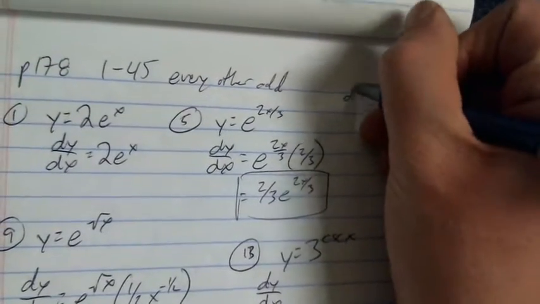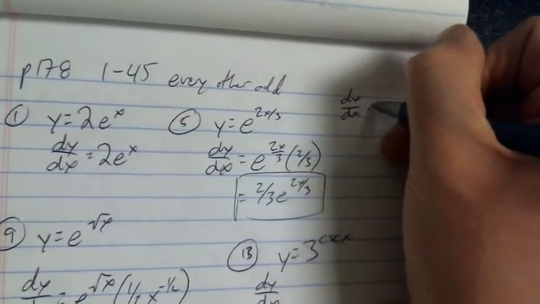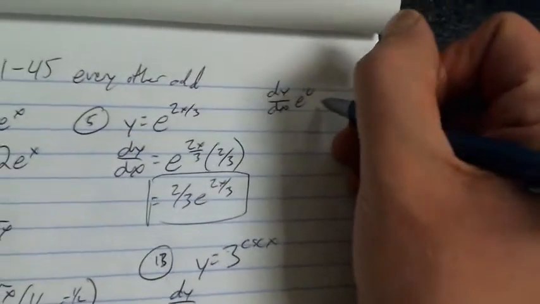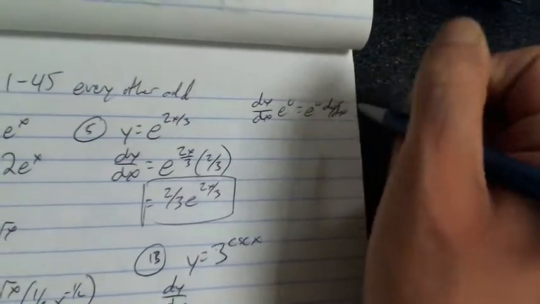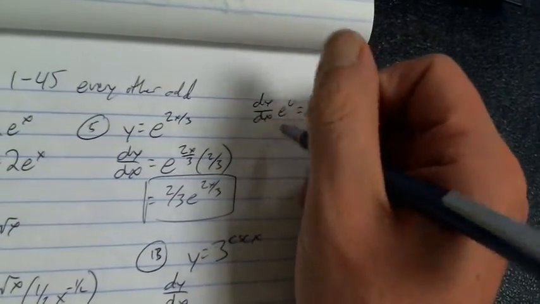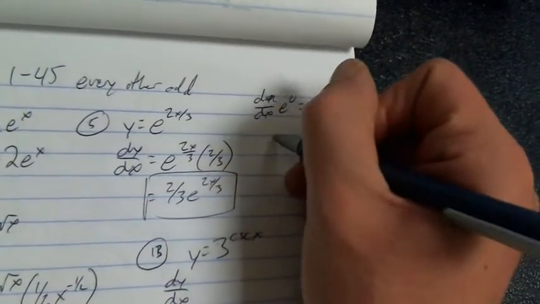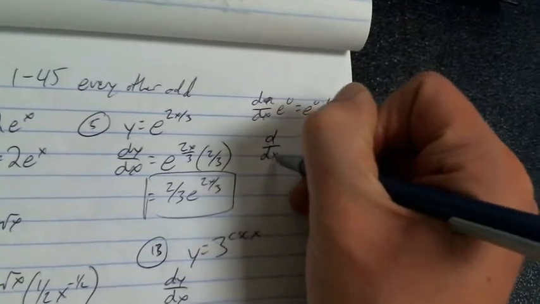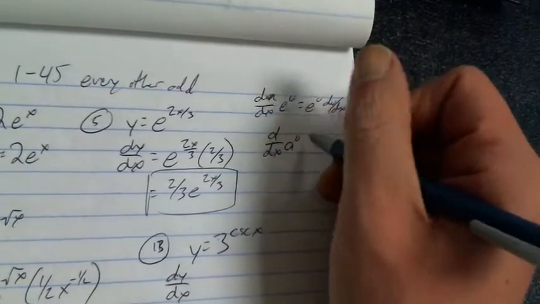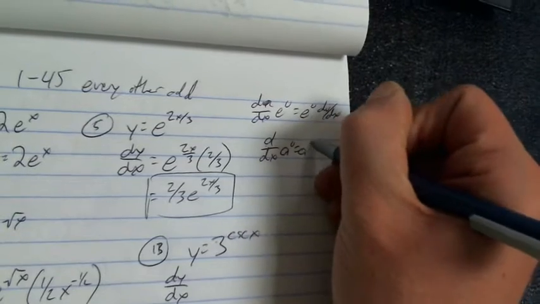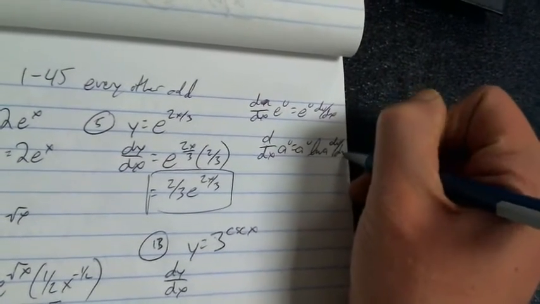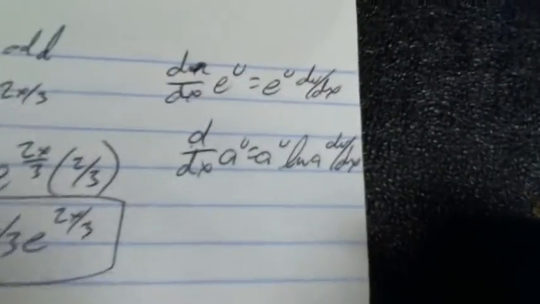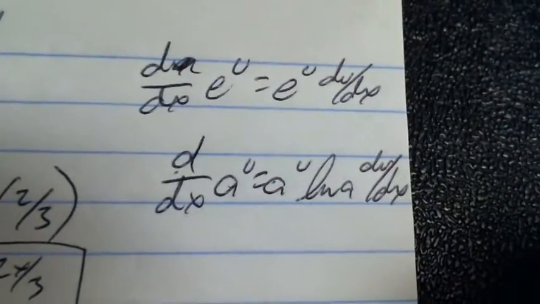So dy dx of e to the u is e to the u du dx, and ddx of a to the u is going to be a to the u natural log of a du dx. So those are our two formulas that we're going to apply rampantly and at every turn.